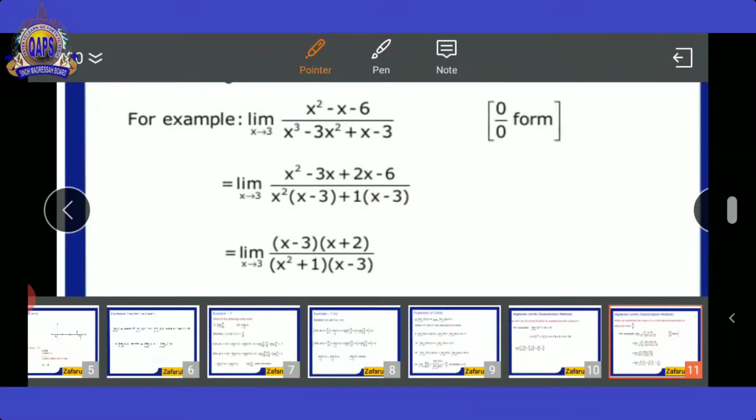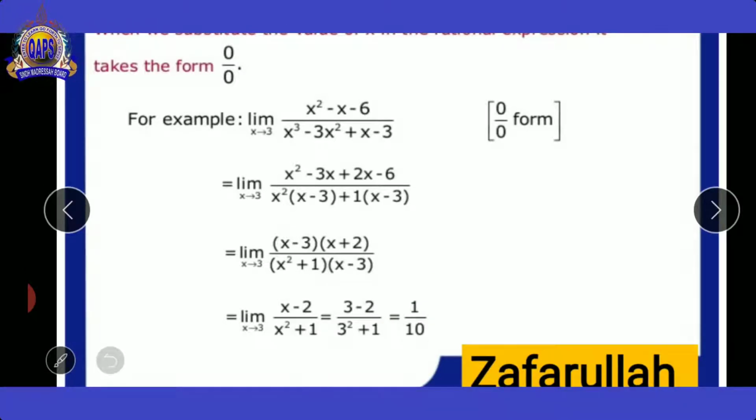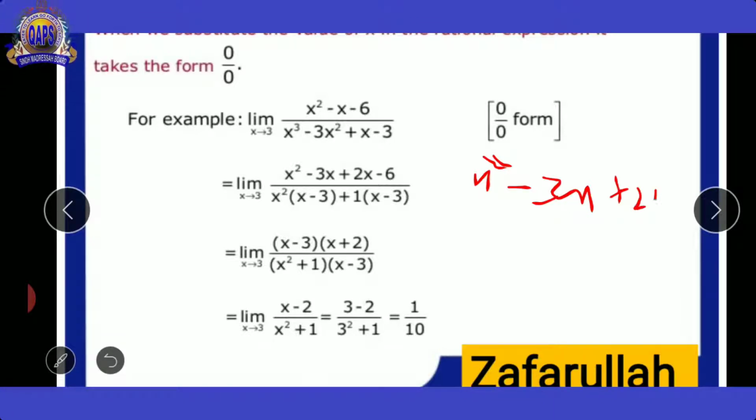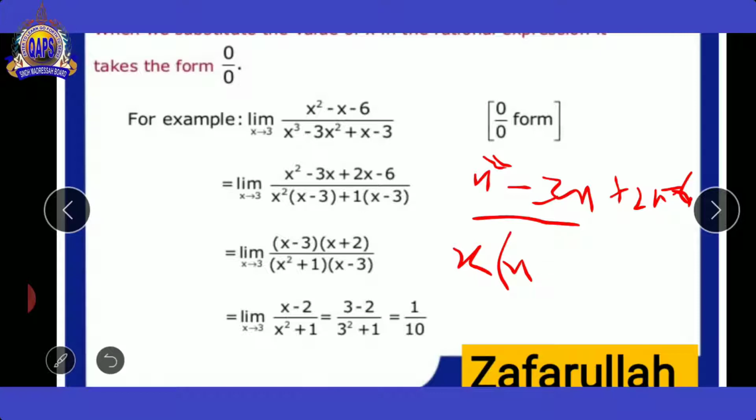We are solving again here: x square minus 3. When we put x common, then x minus 3 is created.